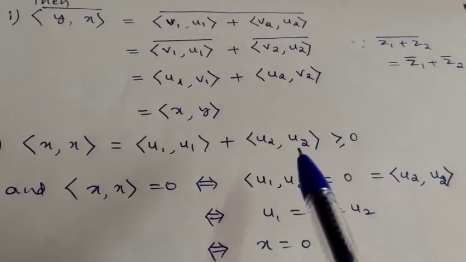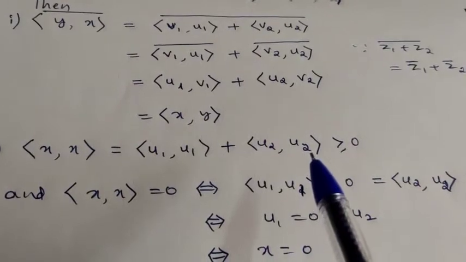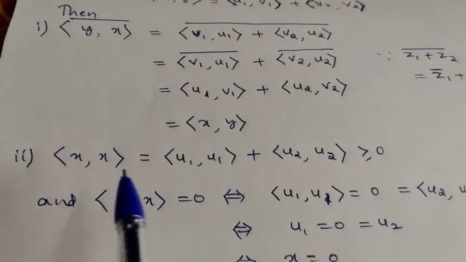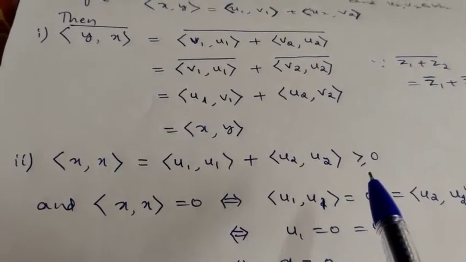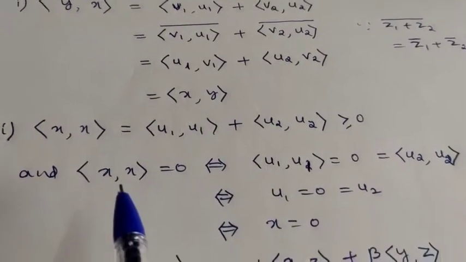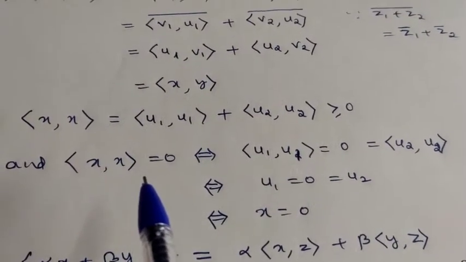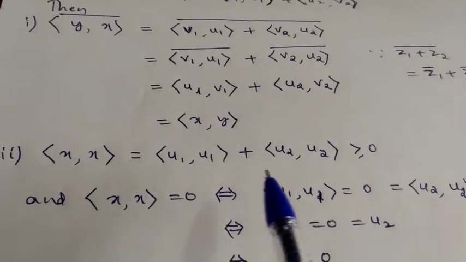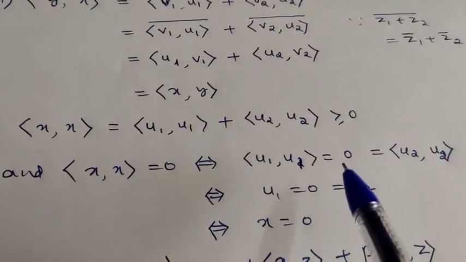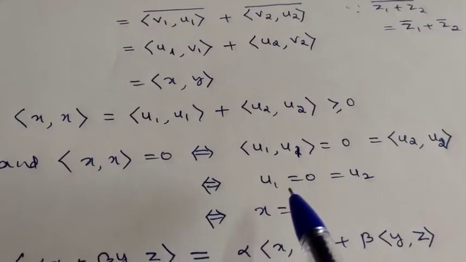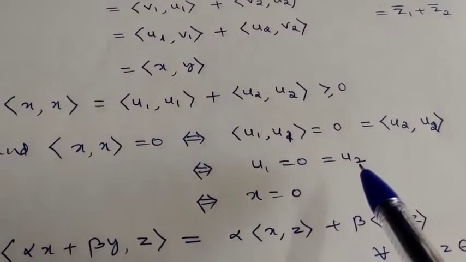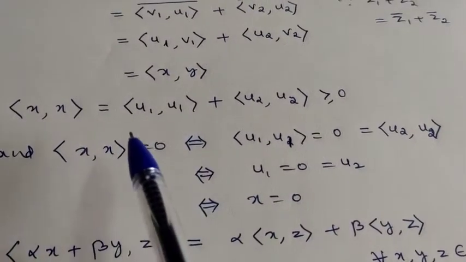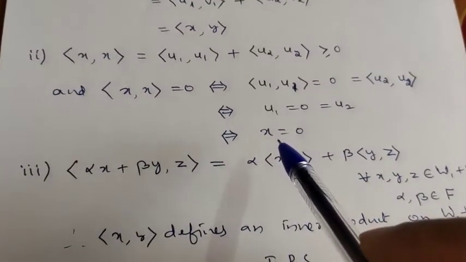Therefore the sum of two non-negative numbers is non-negative, so ⟨x, x⟩ is non-negative for x belonging to W1 plus W2. And ⟨x, x⟩ is 0 if and only if ⟨u1, u1⟩ is 0 and ⟨u2, u2⟩ is 0. Now ⟨u1, u1⟩ is 0 means u1 is 0, and ⟨u2, u2⟩ is 0 means u2 is 0. Therefore x itself is 0. We have proved the second condition.